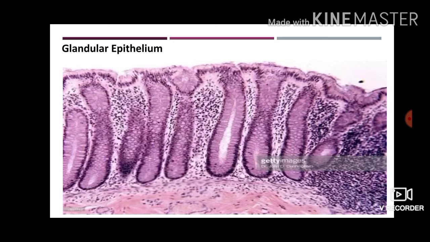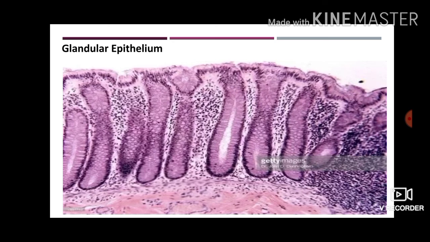At that time these cells are called gland cells, and this tissue is called glandular epithelium. So glandular epithelium is mainly concerned with secretion, it has a particular specialization of secretion, and that is why this tissue is called glandular epithelium.